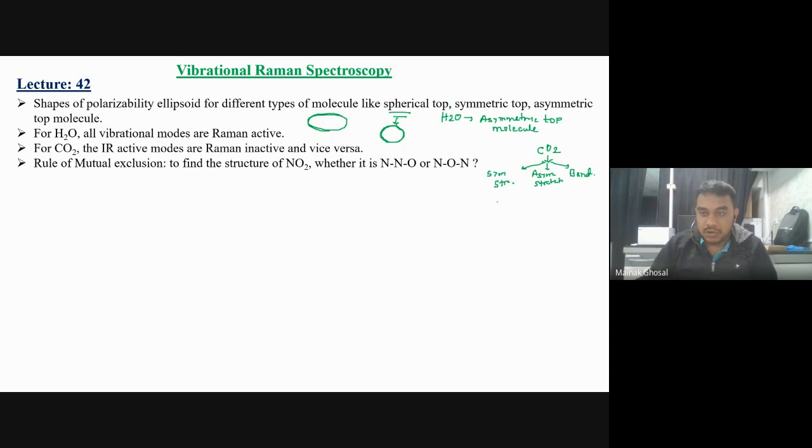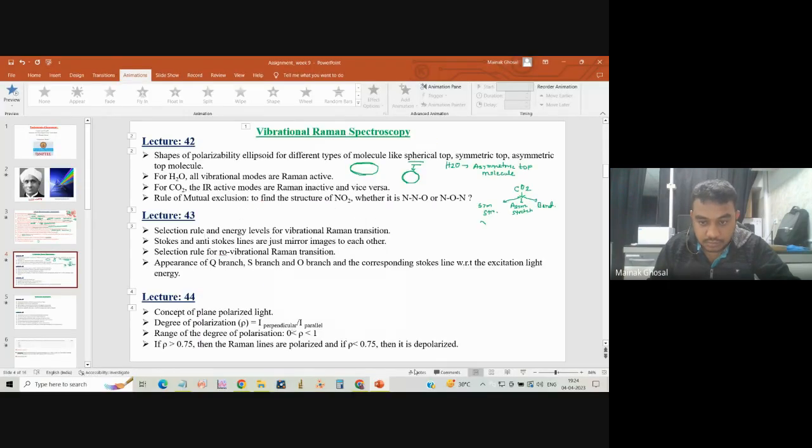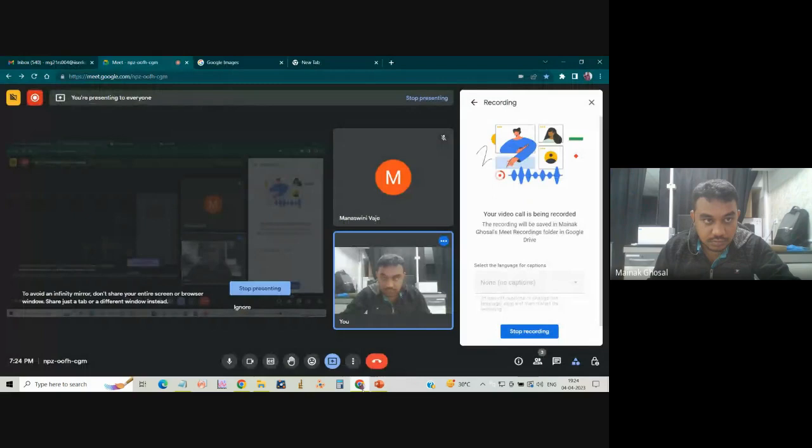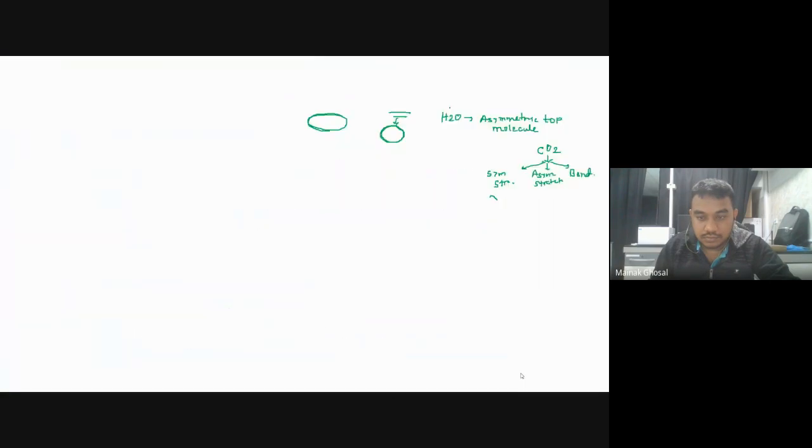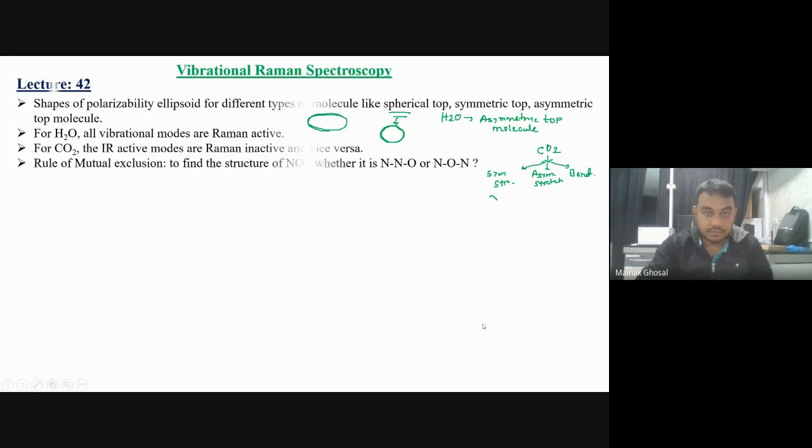When we examined microwave rotational activity, we saw that for the symmetric structure the dipole moment does not change.